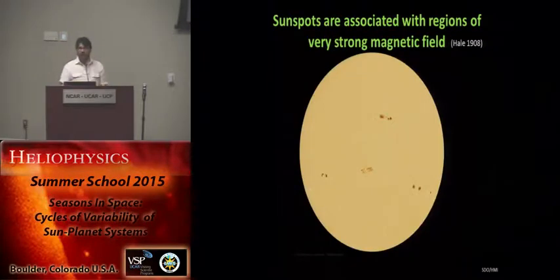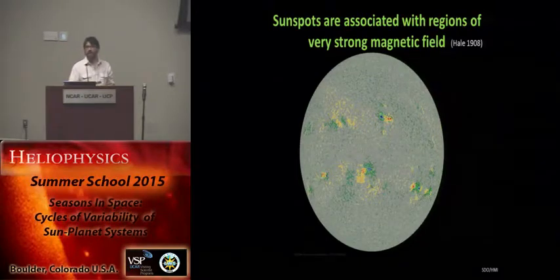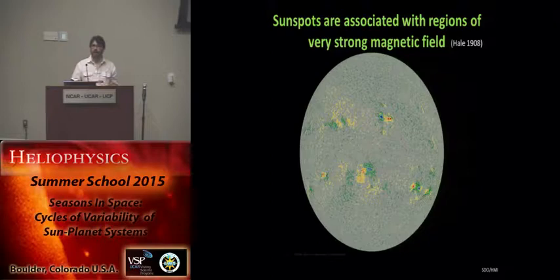Now, as we saw yesterday, sunspots are associated with regions of very strong magnetic field. And this is an image taken by HMI. When I show you the magnetogram associated with that, you can clearly see the yellow and red is magnetic field that is going towards you.